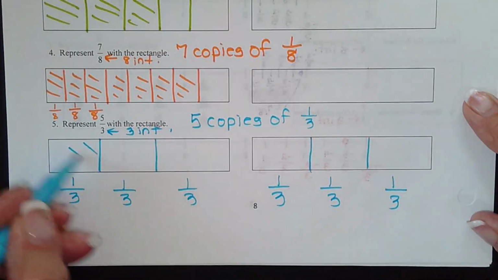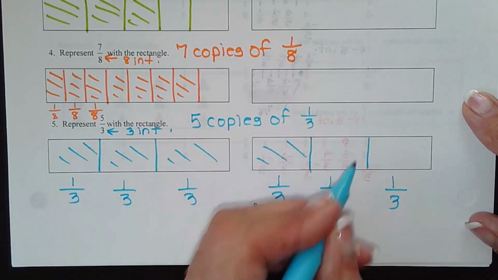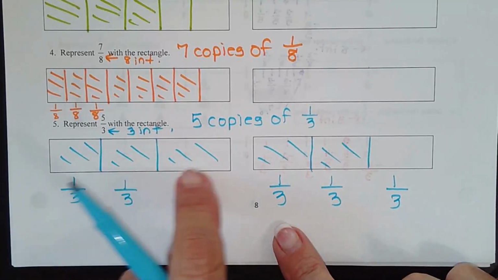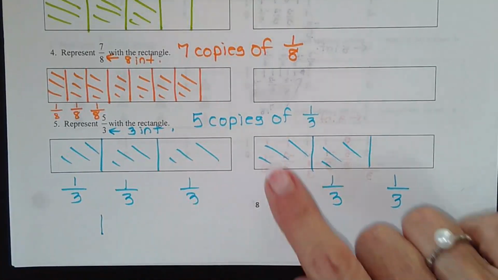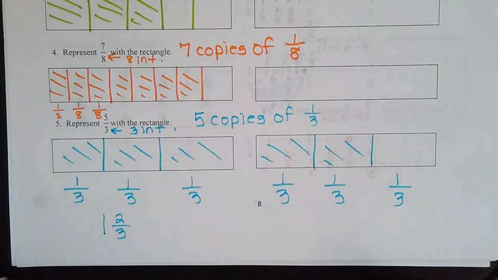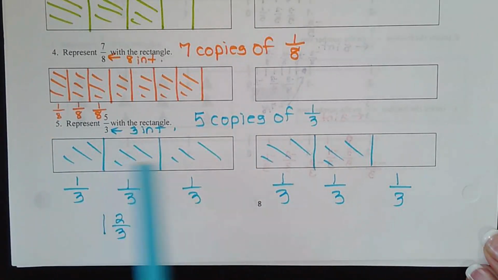So 5 copies of 1/3: 3 copies, 4 copies, 5 copies, and I can see as a mixed number that would be 1 whole and then 2 out of 3. So without even knowing how to do the long division, I can tell that 5/3 as a mixed number would be 1 and 2/3, just by looking at the picture, because each rectangle represents a whole. 1 and 2 out of 3 colored in.